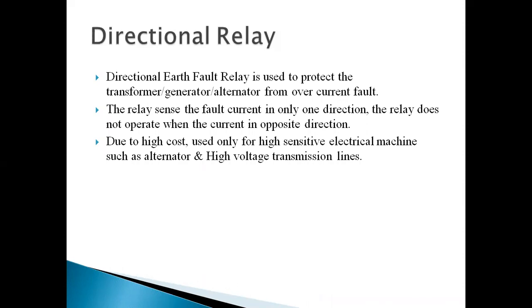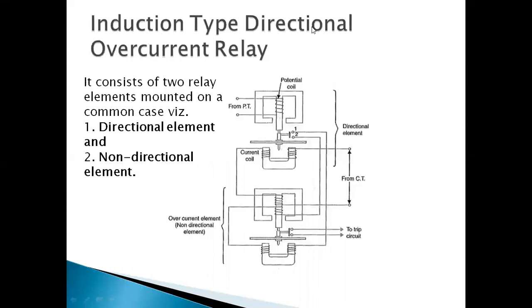If the current is flowing in the opposite direction, it will not operate. So it is called the directional relay. Here there are two elements: directional and non-directional, or overcurrent, elements.